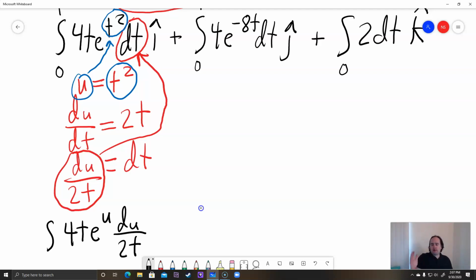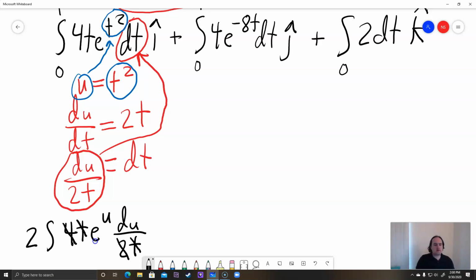You can work on all the integrals simultaneously, but most people like to do one integral at a time: the first integral in its entirety, then the second, then the third. For this first integral, we can see that the t's cancel out, and 4 divided by 2 is 2, so we're left with a 2 out front.